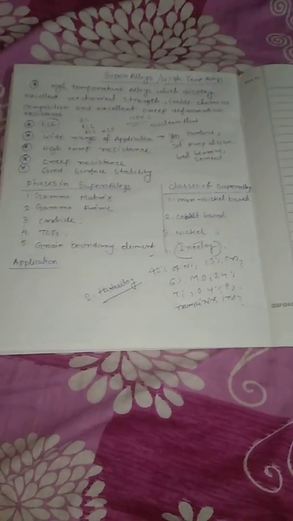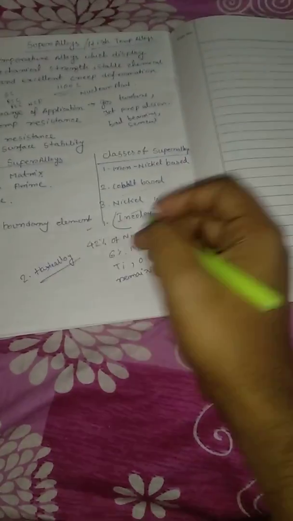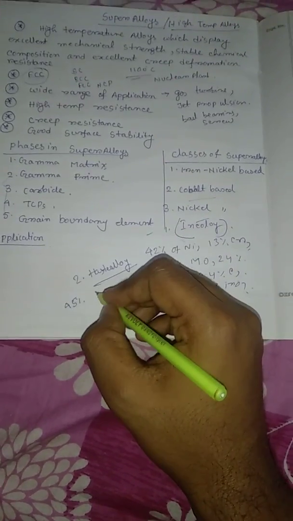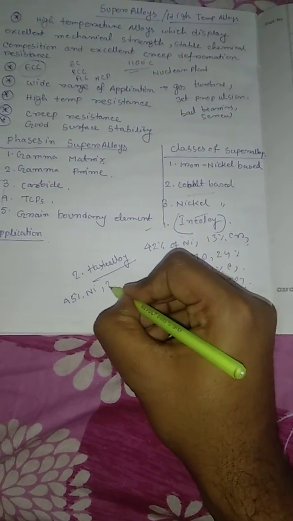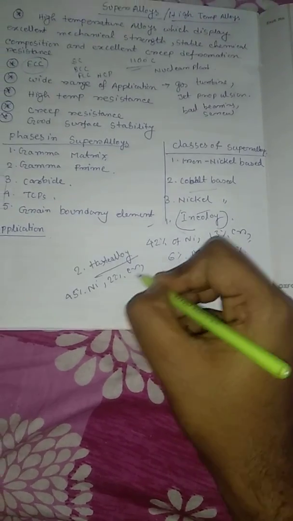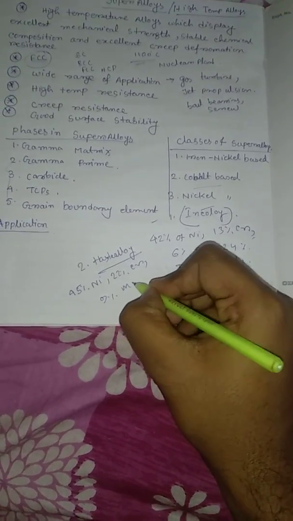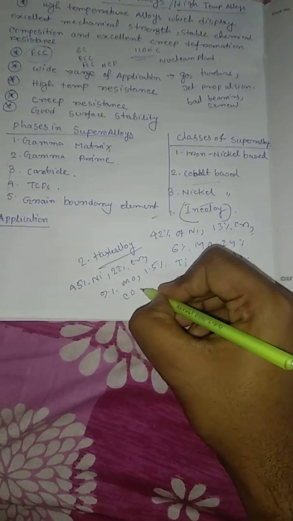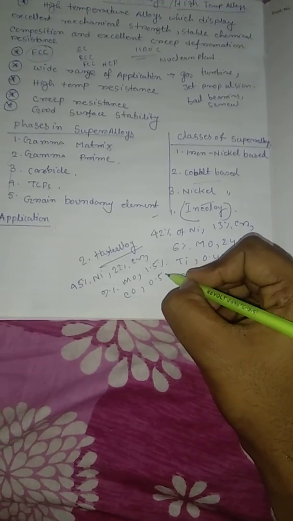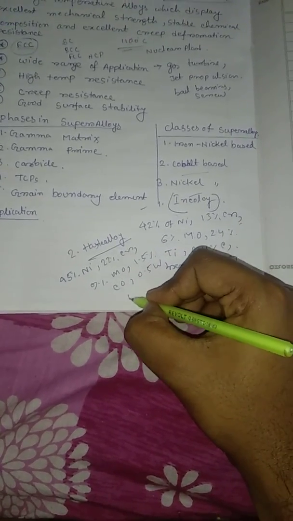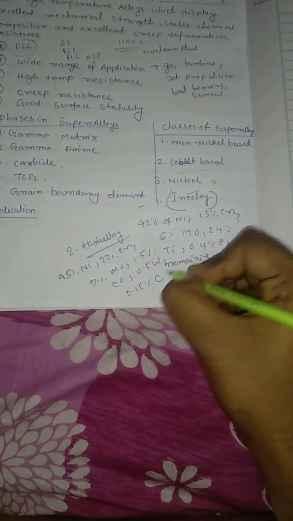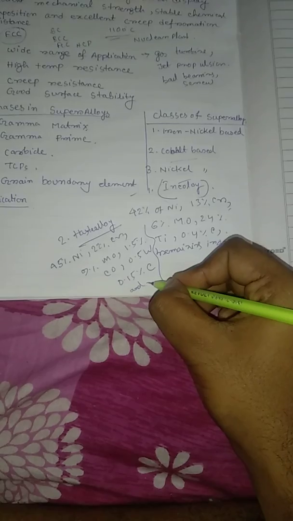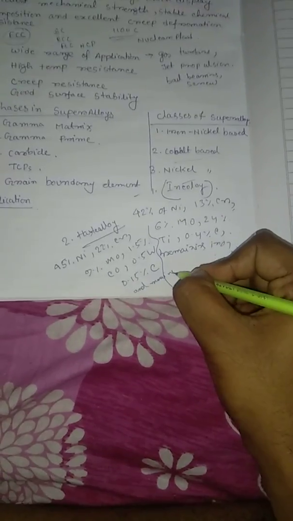The composition is that it consists of 45% nickel, 22% chromium, 9% molybdenum, 1.5% cobalt, 0.5% tungsten, and 0.15% carbon, and the remaining is iron. It is also a nickel based alloy.